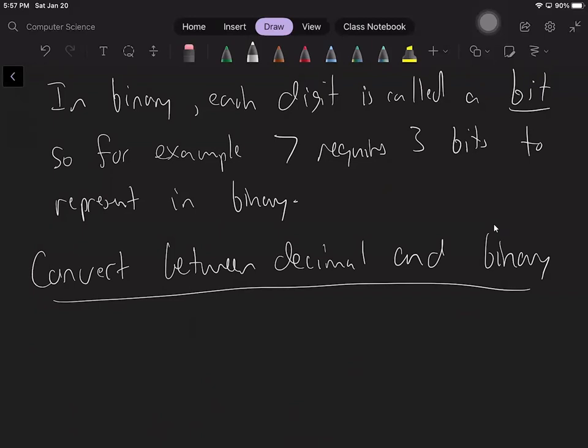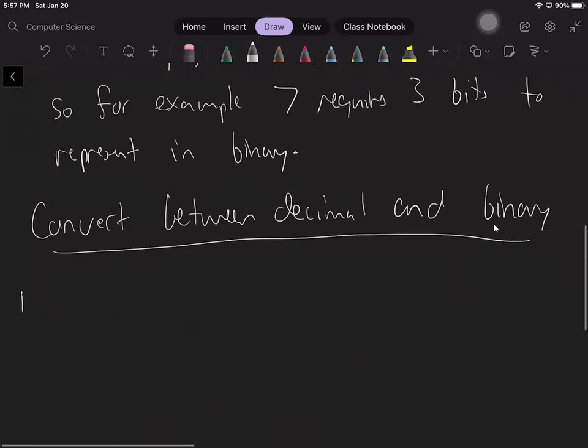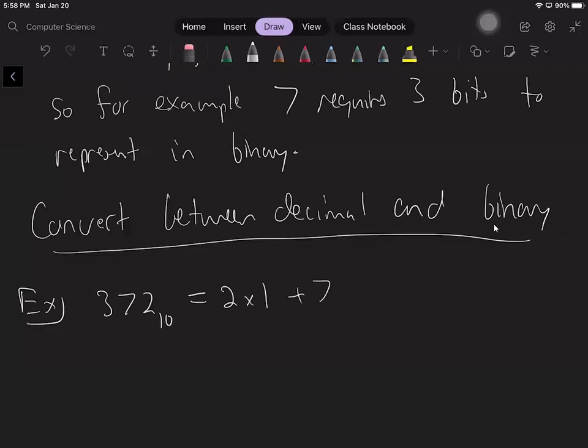So the first is this. Let's start with a number in decimal. What does this actually mean? This may be something you thought about a long time ago, or maybe you never thought about it. But this really means that there's 2 1s, there's 7 10s, and there's 3 100s.